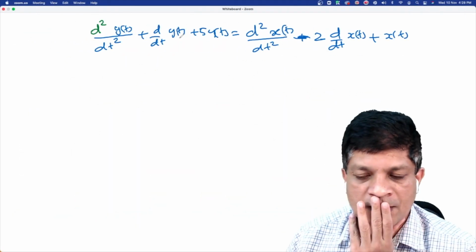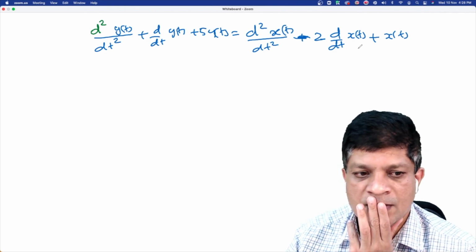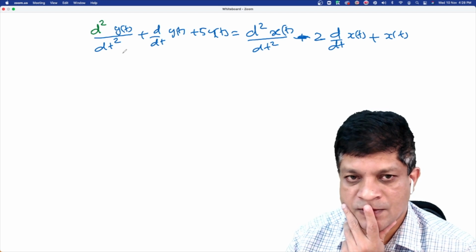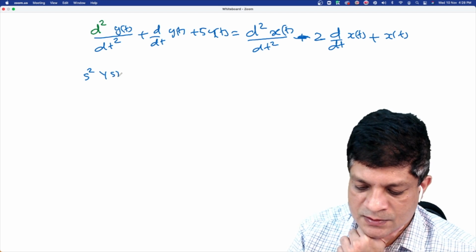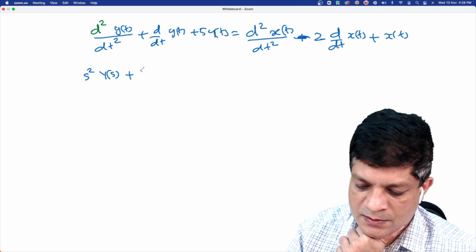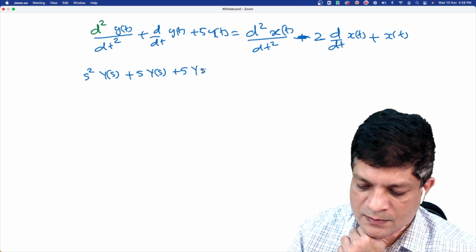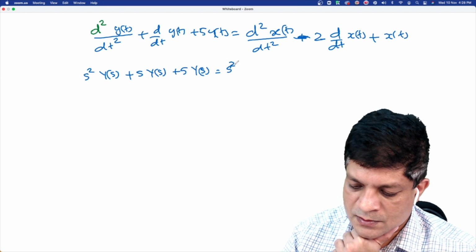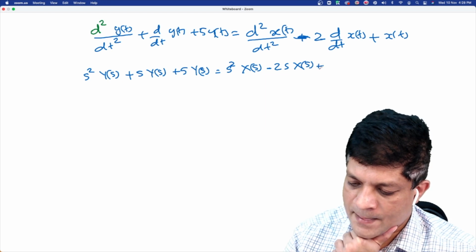If we take the Laplace transform on both sides of the differential equation, what will you get? You get s square Y(s) plus s Y(s) plus 5 Y(s) is equal to s square X(s) minus 2s X(s) plus X(s).